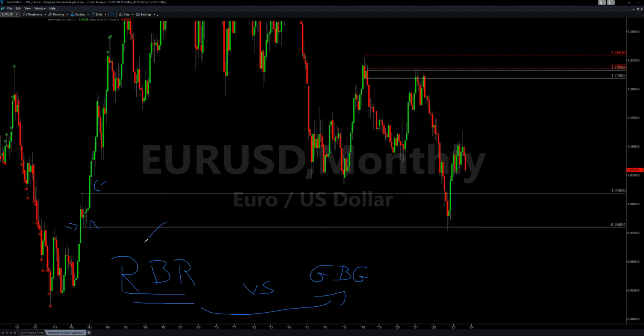We have a name, rally base rally. A rally means a rally. That's the reason why we always have the additional rule, abnormally bigger. We need a clear rally, guys. For example, what is not a rally? This green candle here, for example, is not a rally.